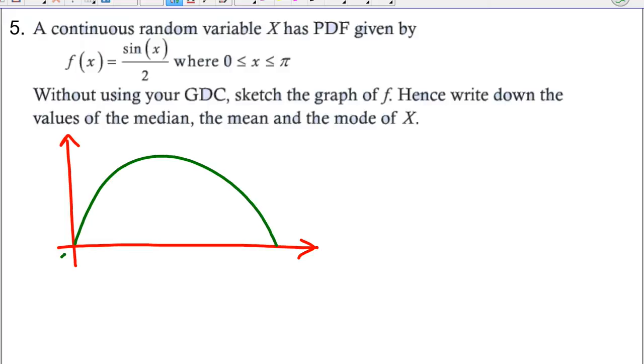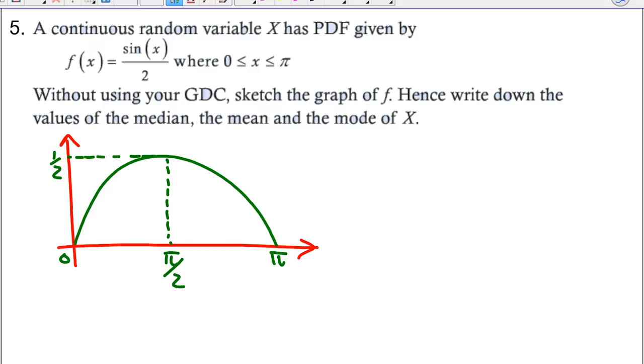So this is 0, and this will be pi. Symmetrical, remember this is a half. Did I just write it properly? Yeah, that is a half. Most importantly, this is pi over 2.